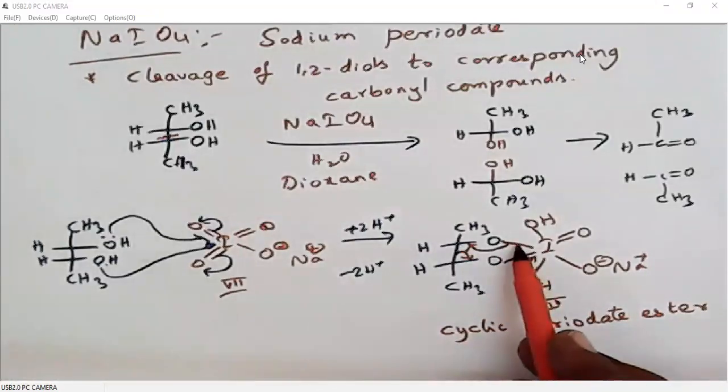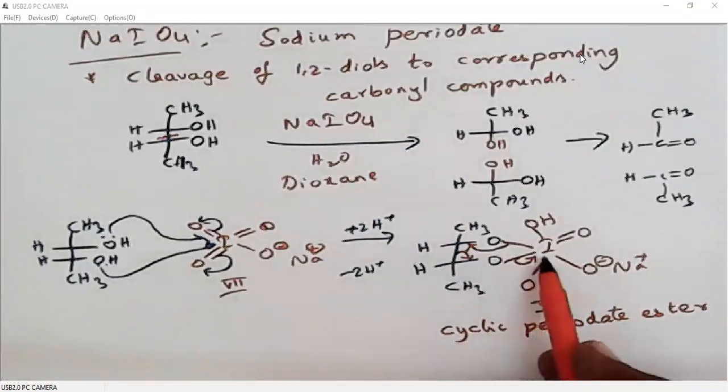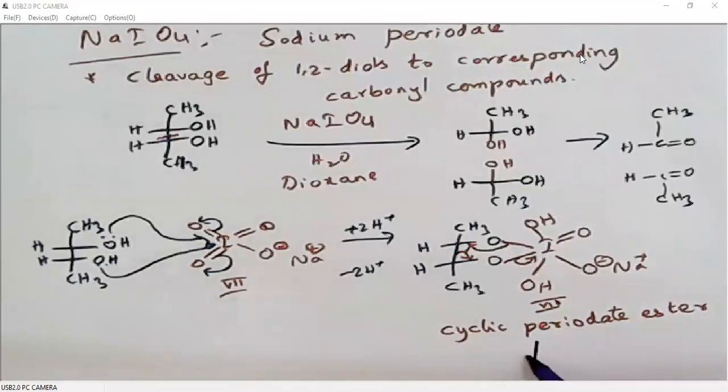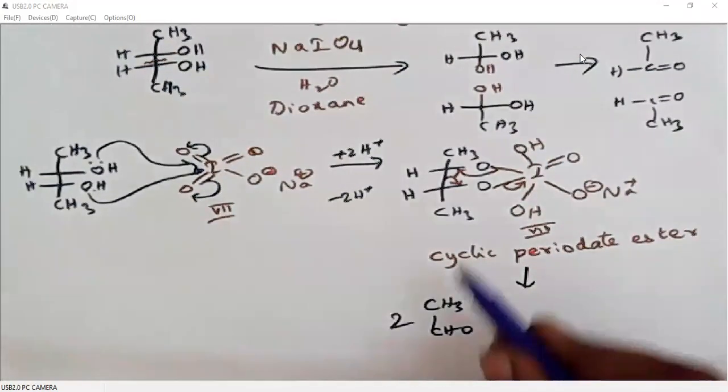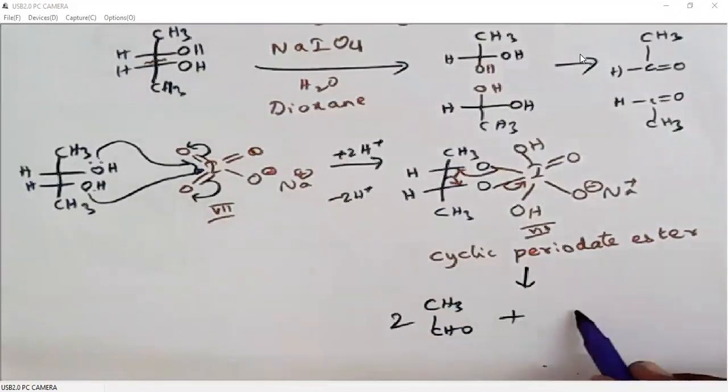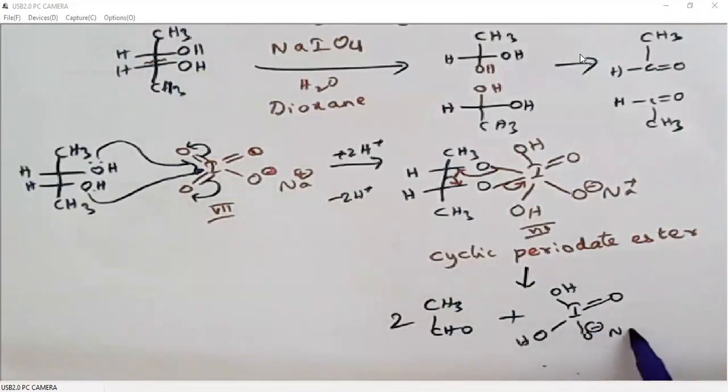When it is losing an electron pair, it gets positive charge; now it is gaining electrons, so it gets negative charge. So they will be cancelled. So the product is CH3CHO plus 2 molecules of aldehyde plus IO(OH)2 O minus Na plus.